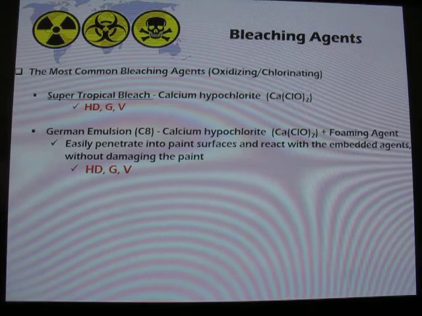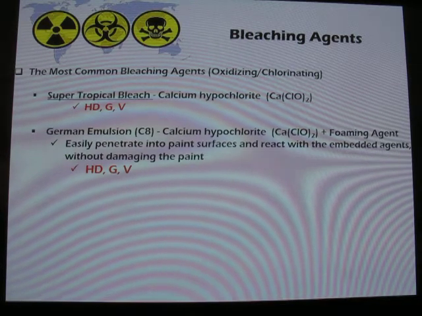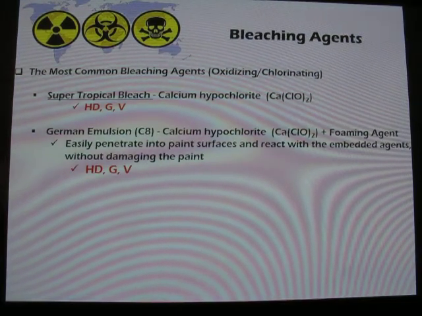And the chemical warfare agents that are destroyed by bleaching agents are nerve agents and mustard. Great. Very, very effective.